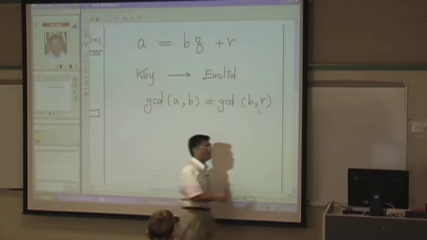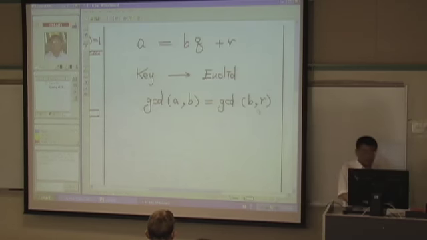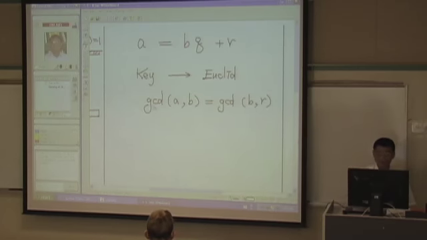So let's do it. GCD of A and B is equal to GCD of B and R. First of all, I don't want to write down 5 letters and then parenthesis, comma, and parenthesis, a total of 8 times.